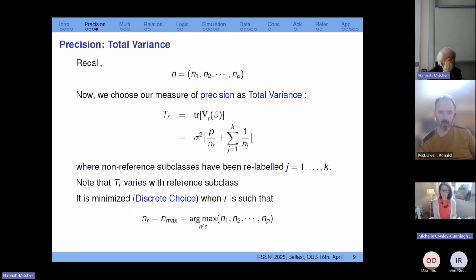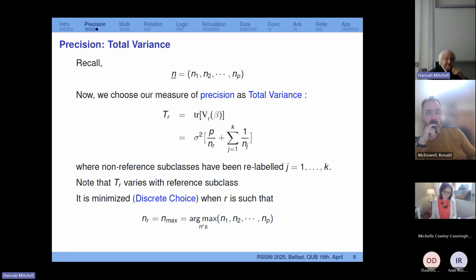Okay, so our measure of precision is going to be total variance. And the virtue of this measure is that TR is the trace of the variance-covariance matrix, and TR varies with reference subclass. If we're going to worry about the effect of the subclasses, then we need a measure of variance which varies with the subclasses, so we can judge which subclass, if we pick it, will result in the smallest variance.